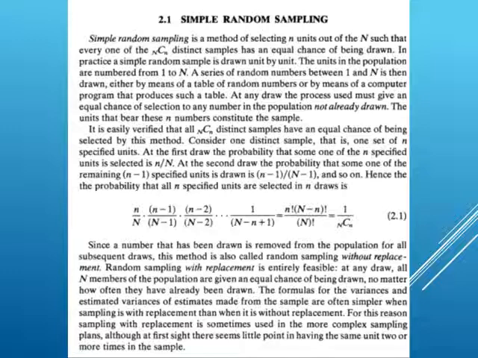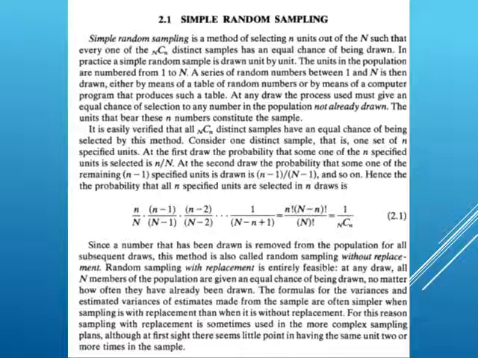This means n factorial times N minus n factorial over capital N factorial, which is equal to 1 over N combination n. Since a number that has been drawn is removed from the population for all subsequent draws, the method is also called random sampling without replacement.